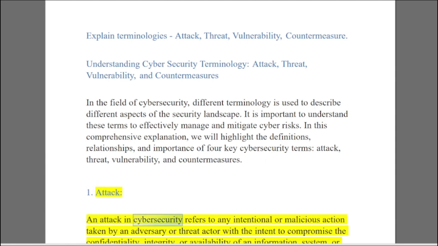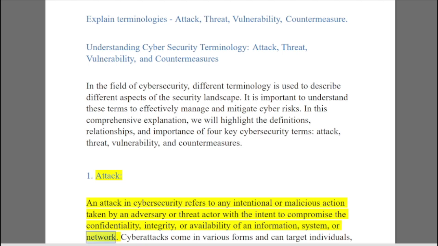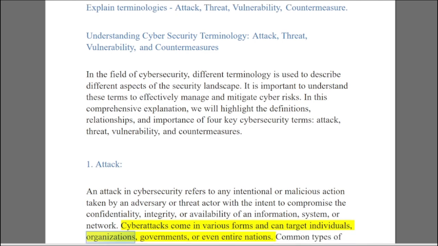An attack in cybersecurity refers to any intentional or malicious action taken by an adversary or threat actor with the intent to compromise the confidentiality, integrity, or availability of an information, system, or network. Cyber attacks come in various forms and can target individuals, organizations, governments, or even entire nations.